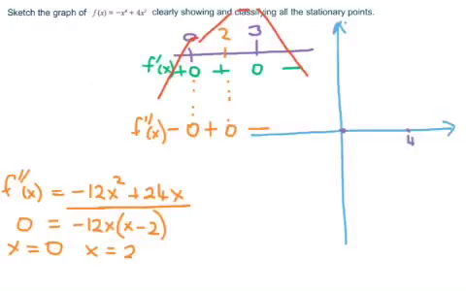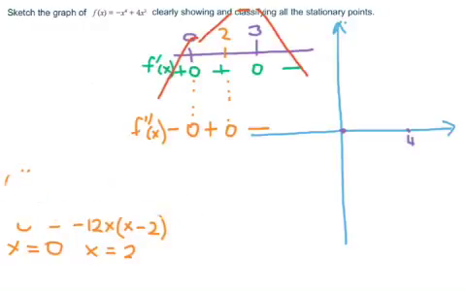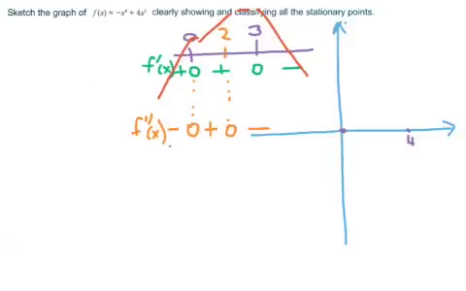If I look at my second derivative, then what it's telling me is that my concavity is down, which means that the shape of the graph there is kind of this shape, right?